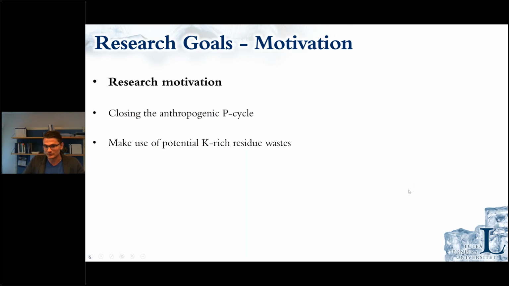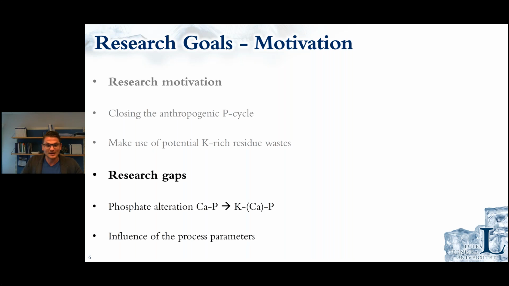We want to close the anthropogenic phosphorus cycle, which means that we just want to recycle phosphorus that is leaving the anthropogenic cycle, because otherwise we would have to create it again from phosphate rock, for example. And we want to do this by making use of potential potassium-rich residues to create, and that's the next part probably, to create more bioavailable phosphates.